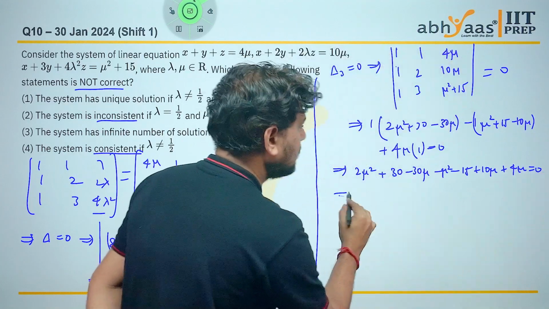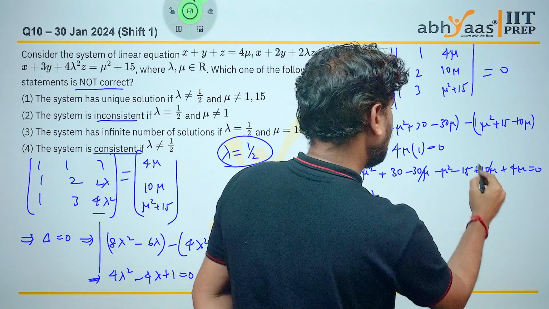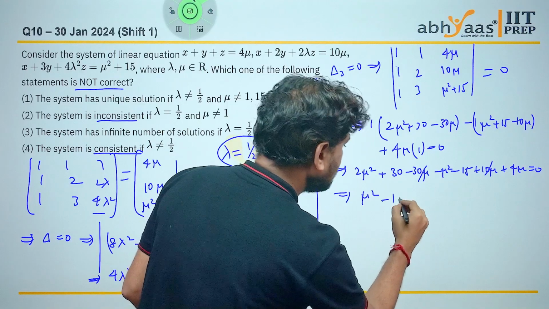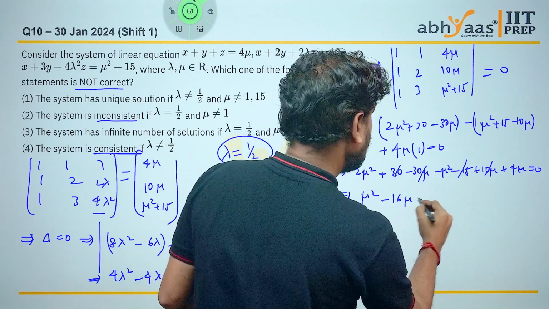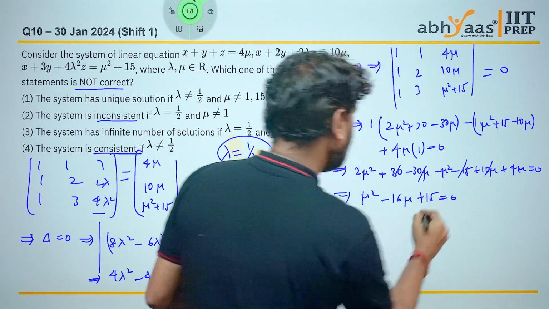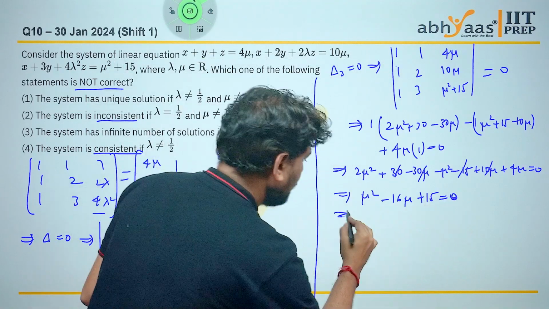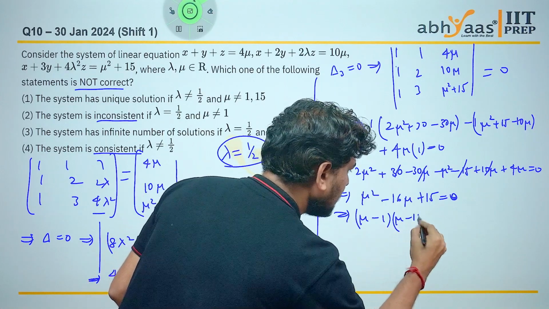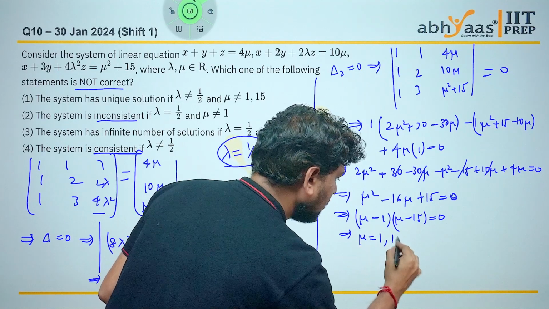So mu square, 30 10 minus 20 plus 4 minus 16 mu. So 30 minus 15, that will be plus 15 equal to 0. So for mu we will get mu minus 1 into mu minus 15 equal to 0. So mu can be either 1 or 15.